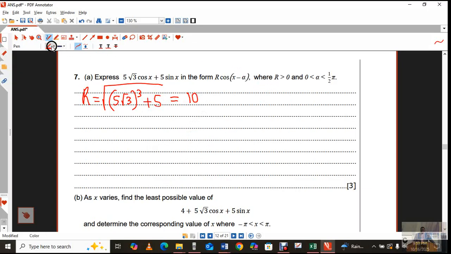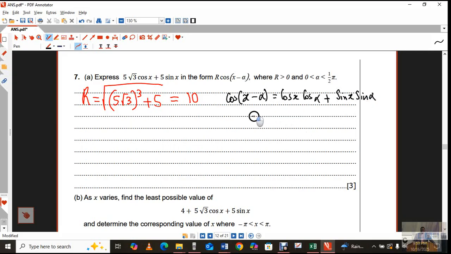And I just want to bring in what this one here is. You know what r is, but cos of (x minus alpha) can be written as cos x cos alpha plus, the opposite, right? Plus, very important, sine x sine alpha.